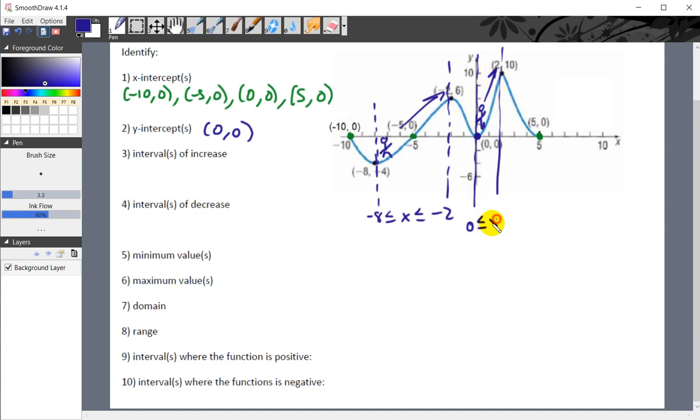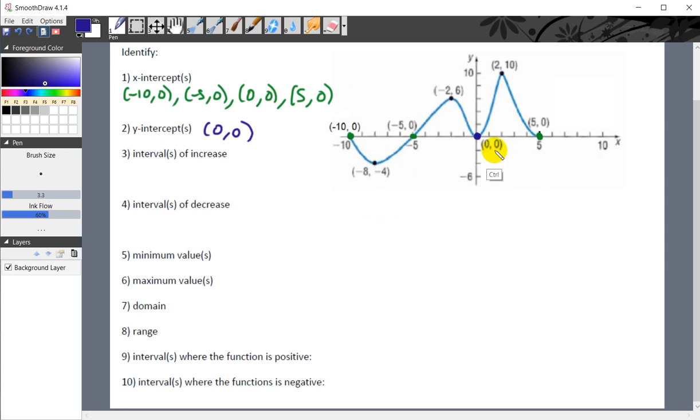It looks like the x values from 0 until 2. Let's write that on the left. Here we go: -8 less than or equal to x less than or equal to -2, and the other one is from 0 until 2.